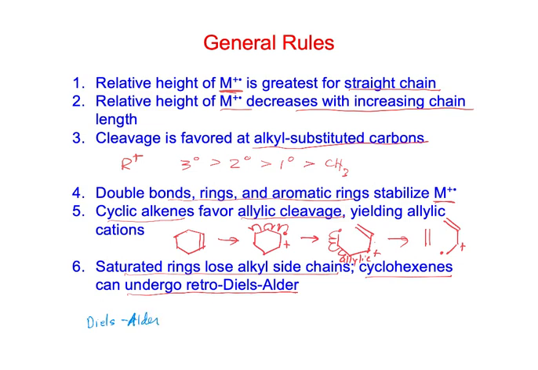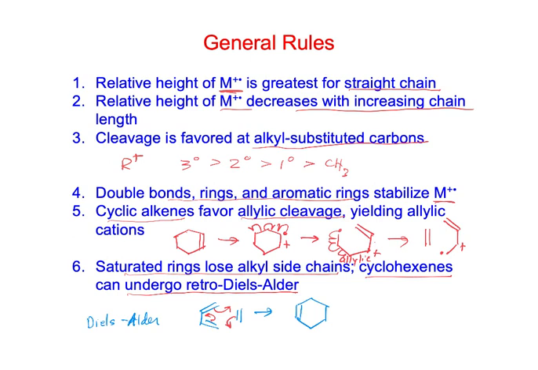Alder is the reaction of a diene with an alkene. And it's this kind of 2+4 addition. The electrons go around in a circle like this, and we end up with a cyclohexene.